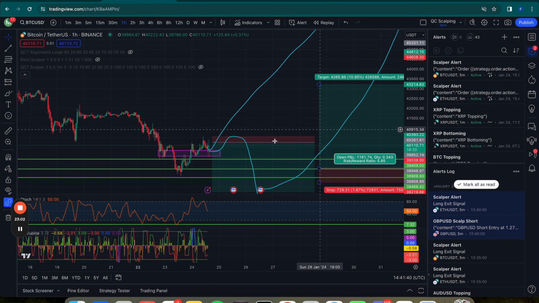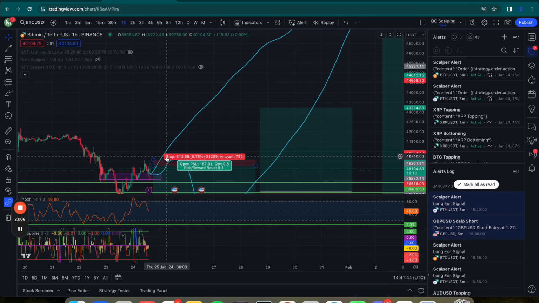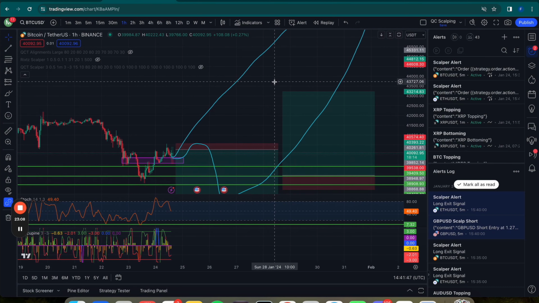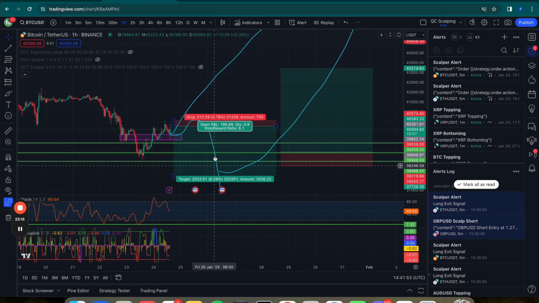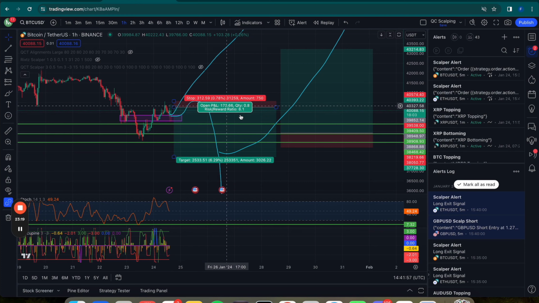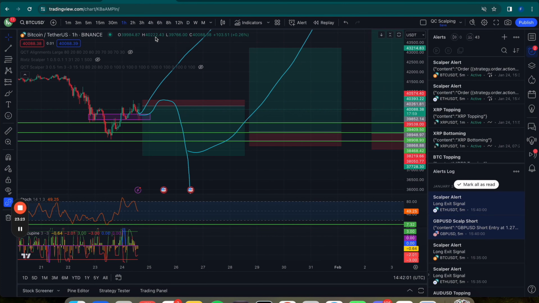The possibility is that we either turn around and go down, or we break it, we hit a stop loss and we continue going up. Either way is fine for us, because we would either just hold our long or we would start going short, which would profit off of our short.